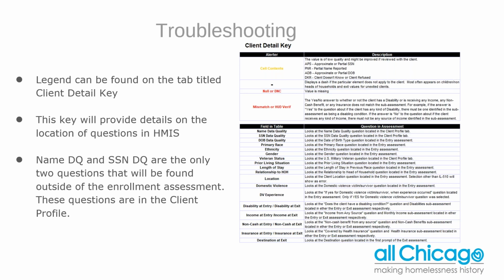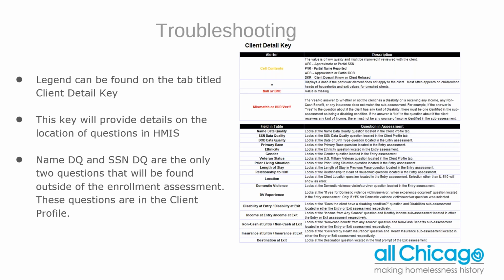They will show up as things that will need to be corrected. The dashes are displayed for elements that do not apply to the client. So again, as we saw, some things are for the head of households, some things are for all clients. So if that particular element doesn't really apply to the client, it will be represented with a dash.